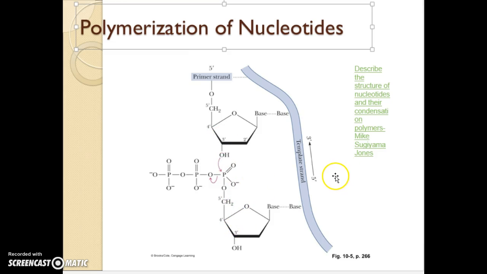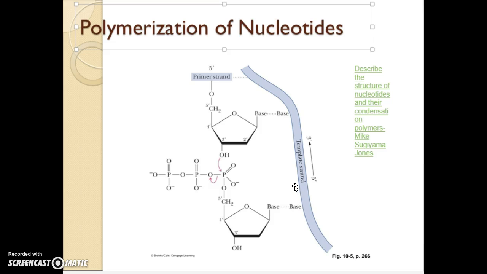Because if you remember, when we're studying replication or even looking at transcription of DNA, we need to remember the direction of 5' to 3' in terms of reading the DNA and making the new DNA molecule or making our RNA molecule.